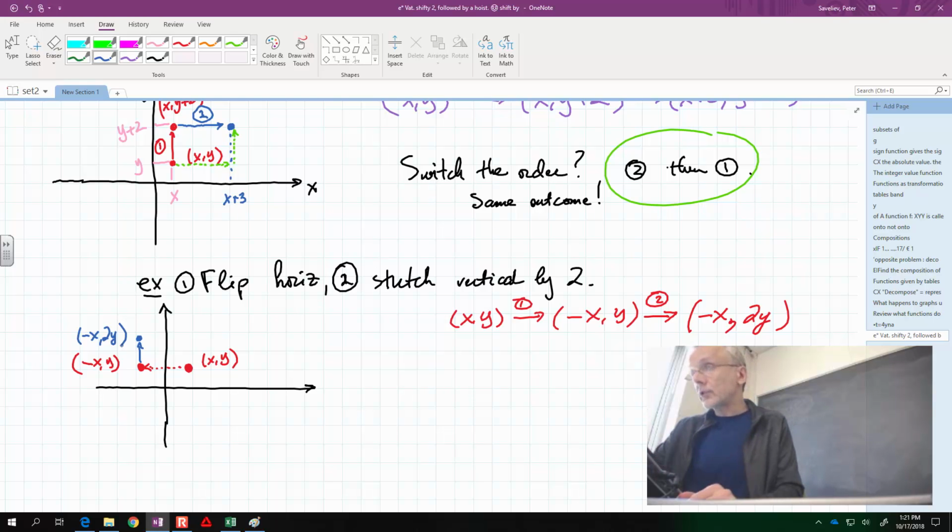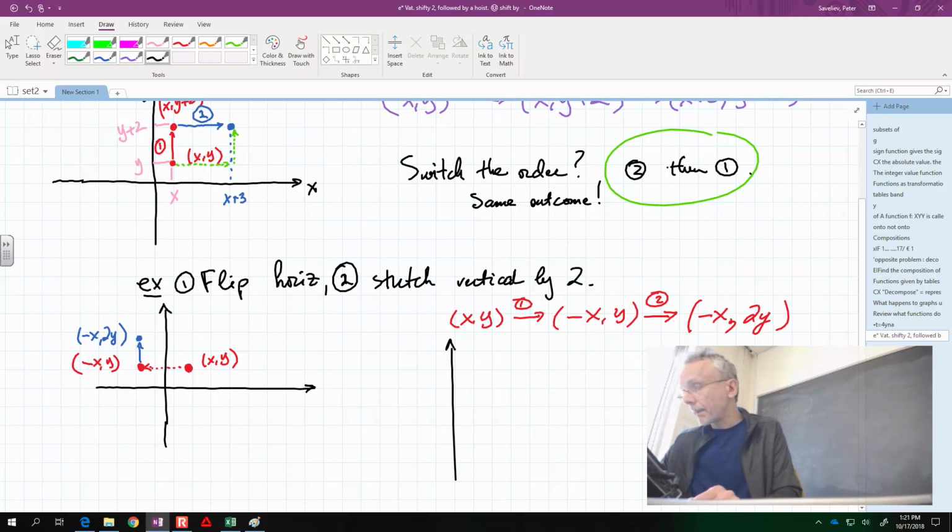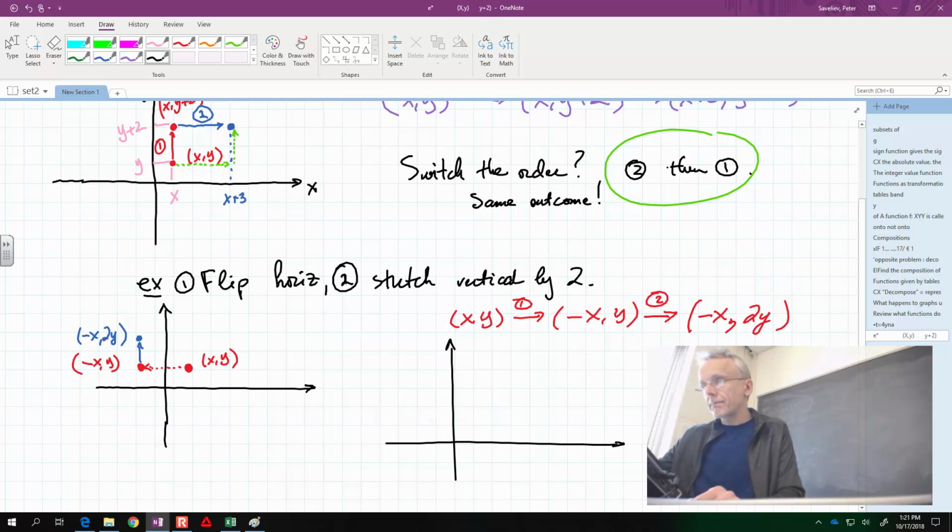So let me try to do that. Say if I have another point, how should I do it? Let me try it. The shift is okay, right? The shift is okay, and the flip is okay. As long as your point is not on one of the axes, you will see what has happened.